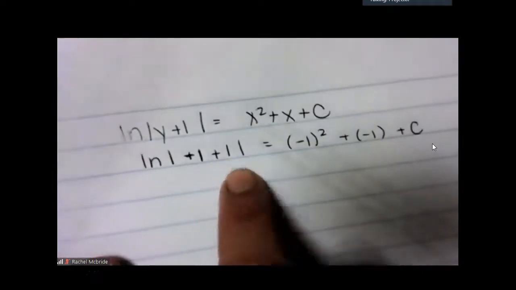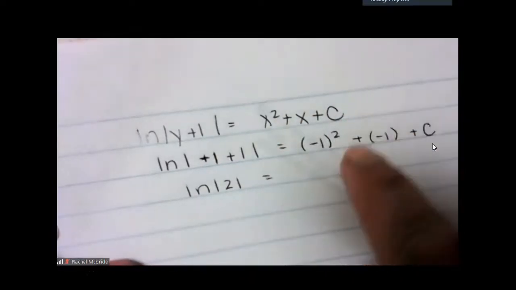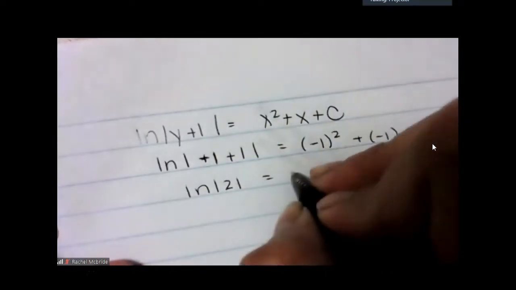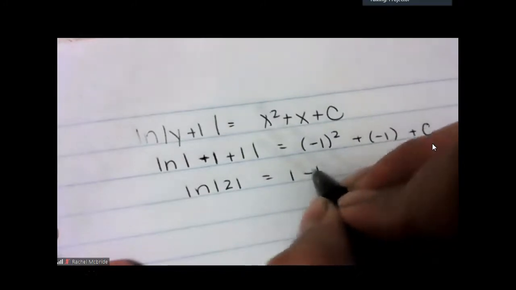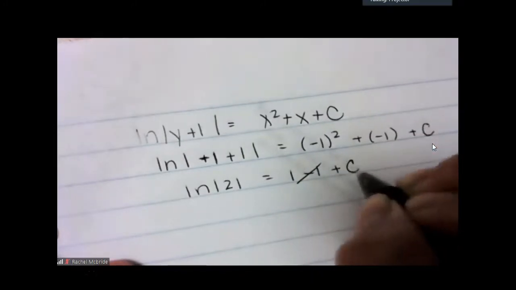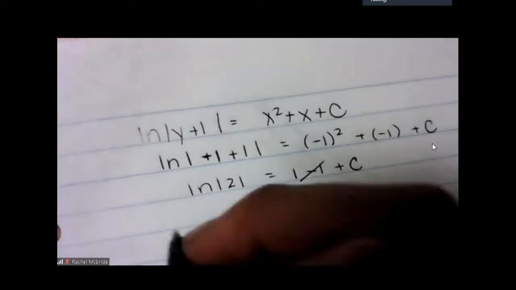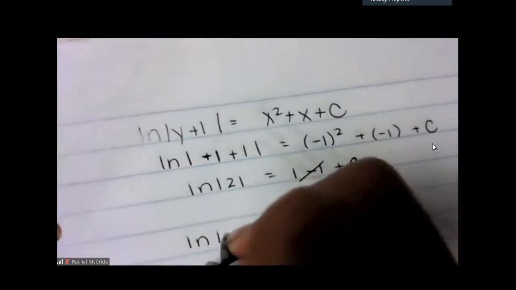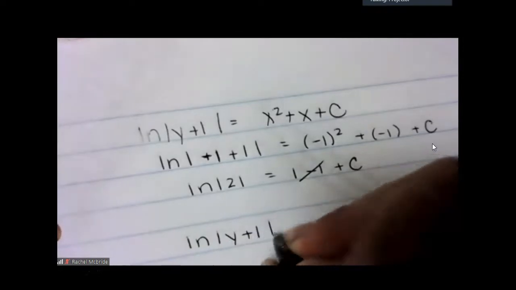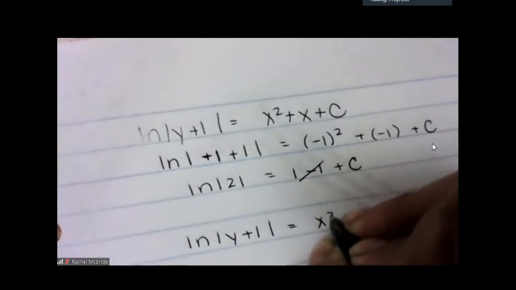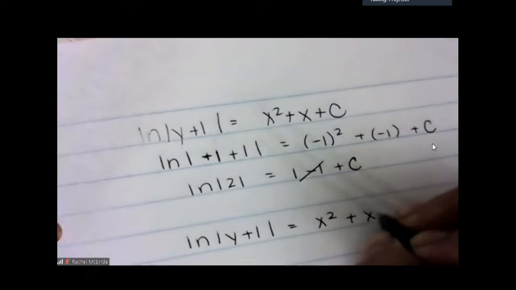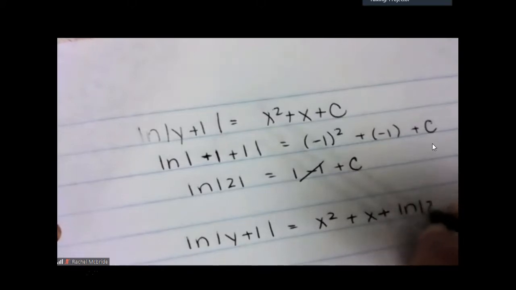So 1 plus 1 is 2, so you get the natural log of 2 equals, and then negative 1 squared is 1, minus 1 is 0, so we get c is equal to the natural log of 2. So then you go back to our line here, and it's the natural log of |y + 1| equals x squared plus x plus the natural log of 2.